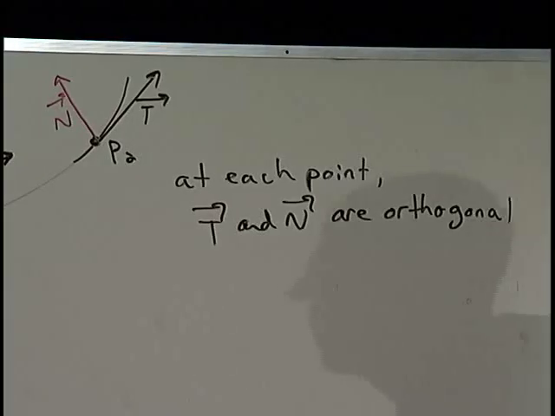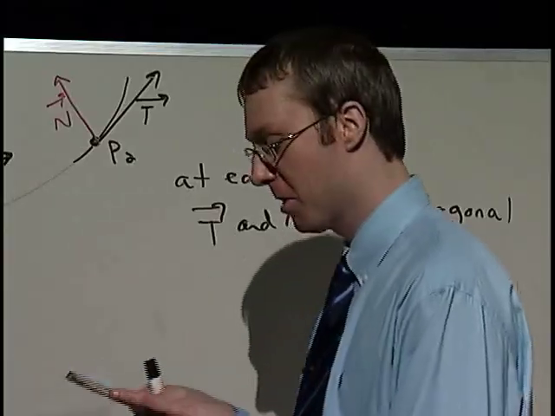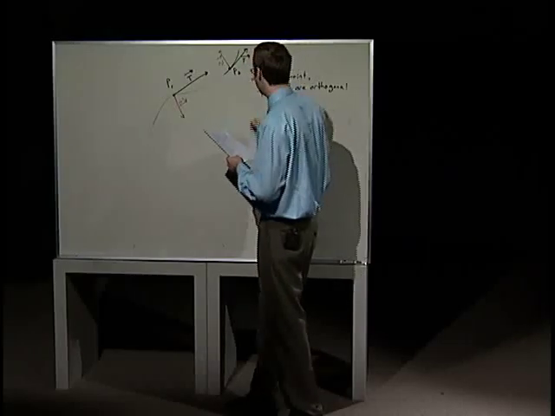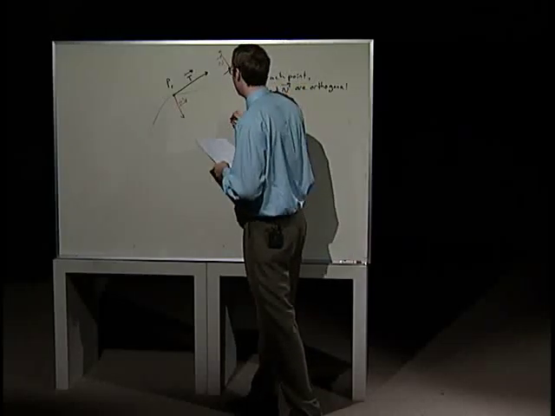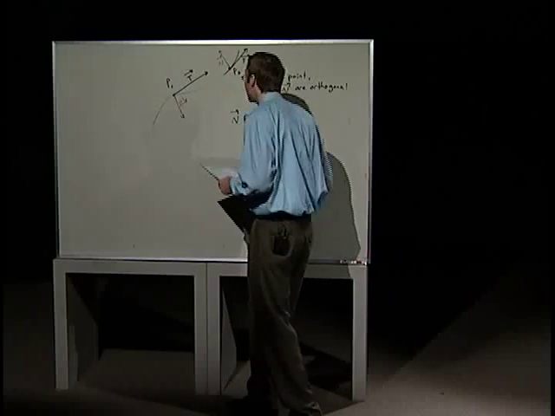T is the vector pointing in the forward direction of the curve at any given point on the curve. And N, so let me say this.